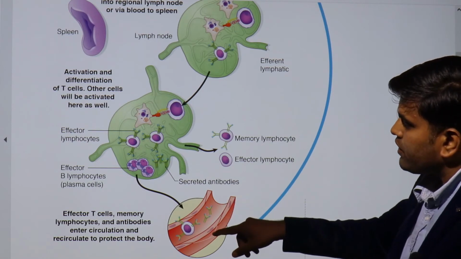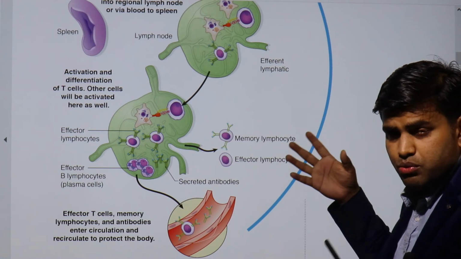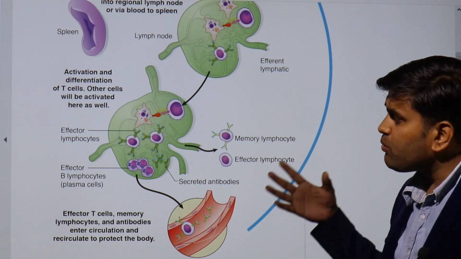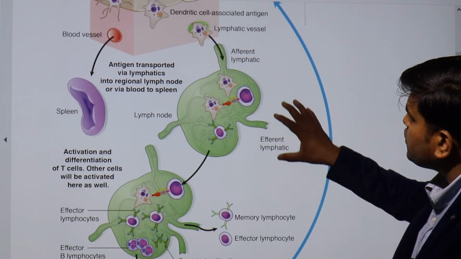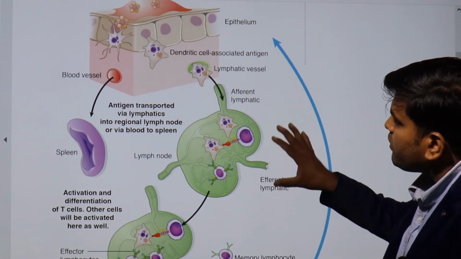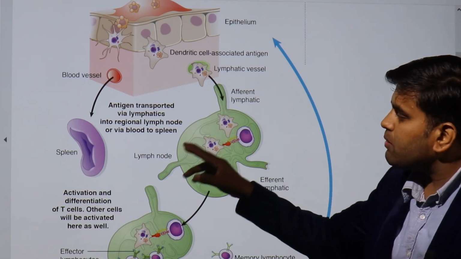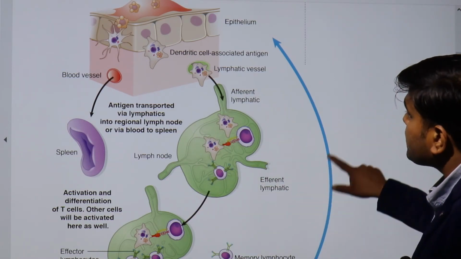This antibody and effector B cells will go and deal with the infection. We have discussed this already in humoral immunity. Tissue infection is drained by the lymphatic vessel, whereas if it is a blood infection, the microbes are dealt with by the spleen.